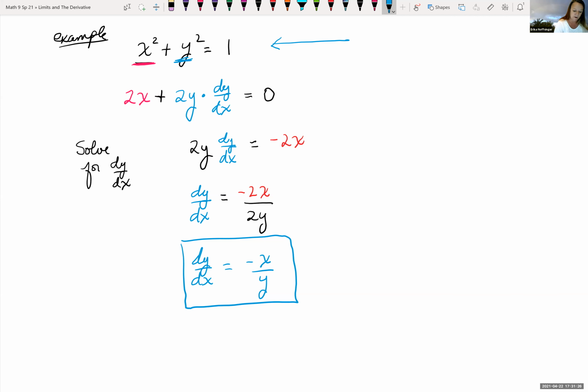So if I solve for y here, I would subtract x squared on both sides. So I get y squared equals 1 minus x squared. Take the square root of both sides. y is equal to plus or minus the square root of 1 minus x squared.